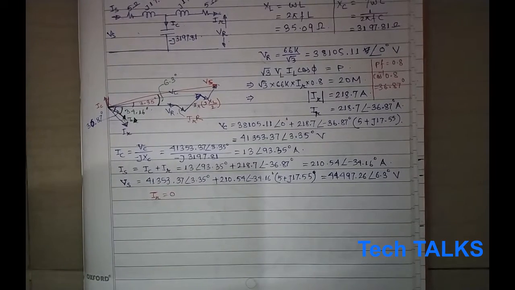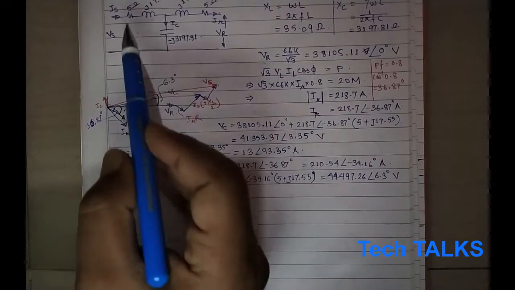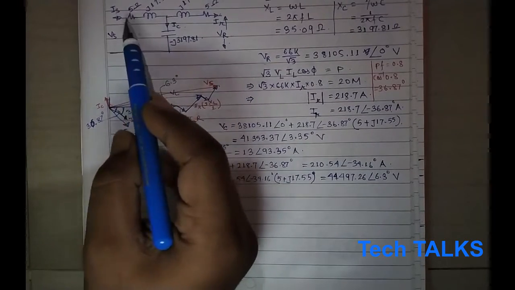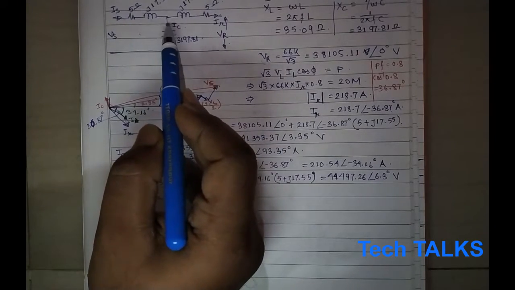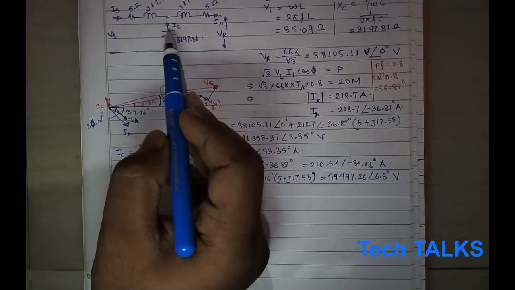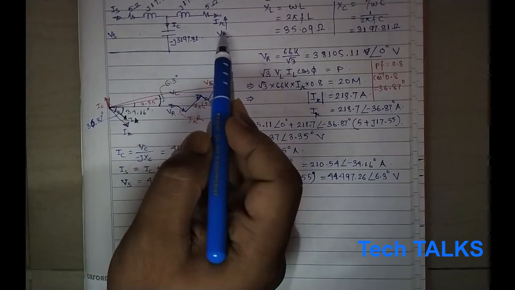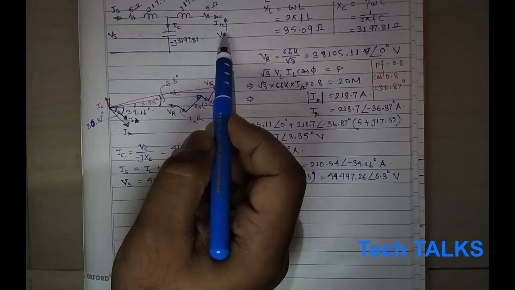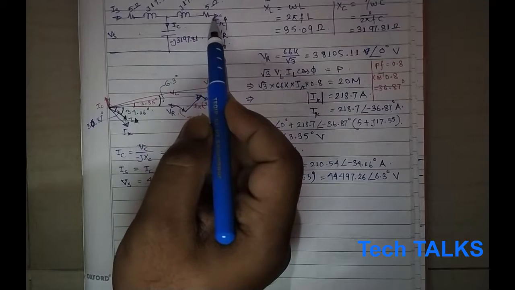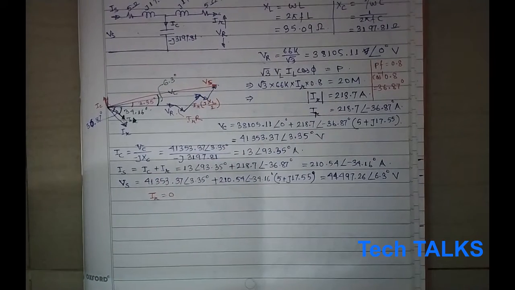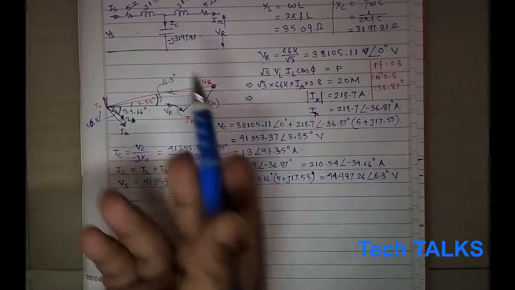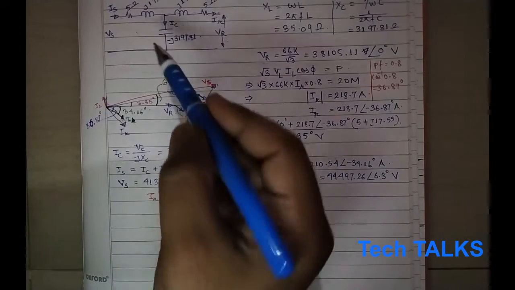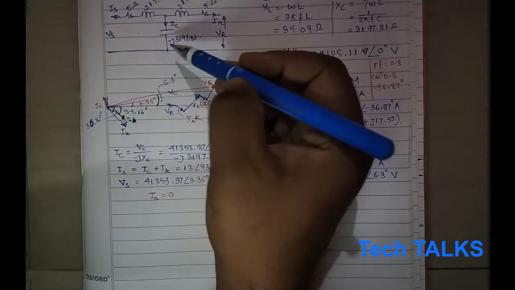So if IR is equal to 0, that means this voltage is only divided between this part. IR is 0, so this VC voltage will appear over here. But the condition is that this current should be equal to 0. Since we have got the Vs, we can easily find out this voltage. How?